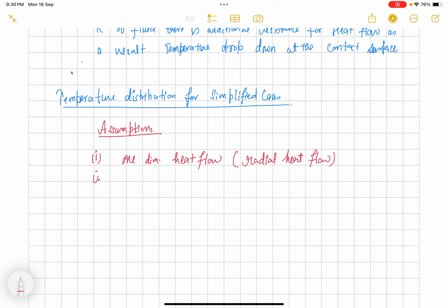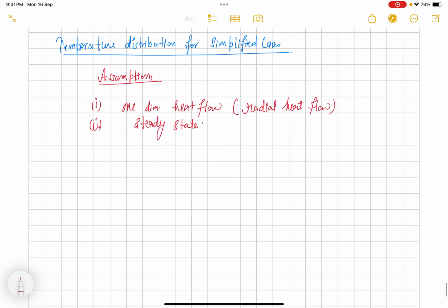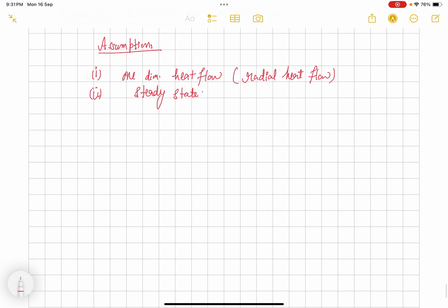The next assumption we are making is the heat flow is steady state. Steady state is maintained while the heat is transferring through the body. And there is no internal heat generation. There is no source of heat generation inside the body.